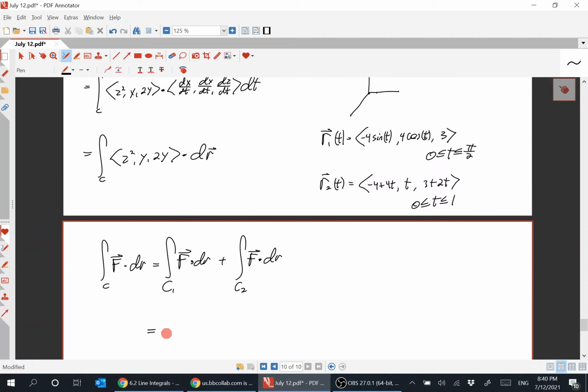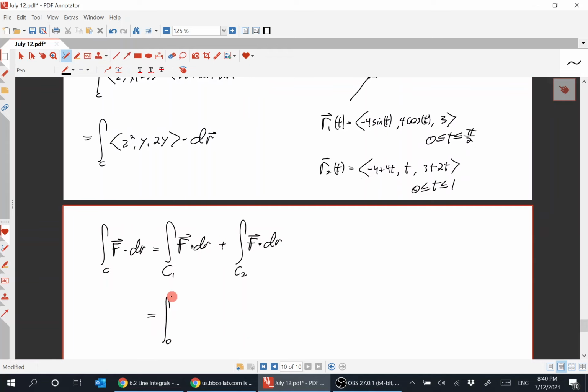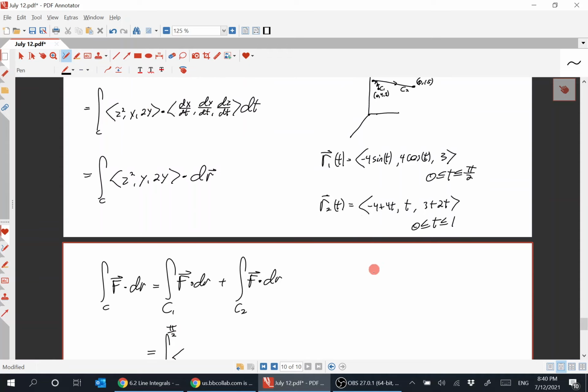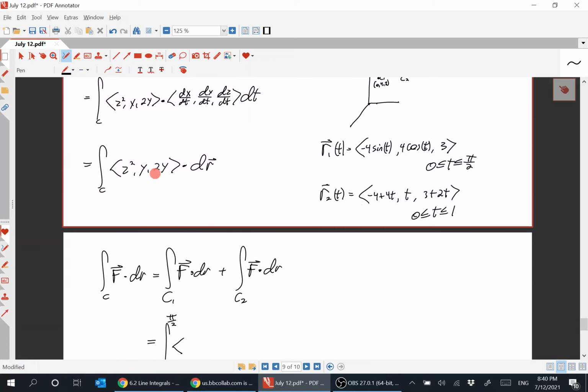So let's try to go through this a little more quickly. Integral from 0 to pi over 2. So f is z squared, y, 2y.